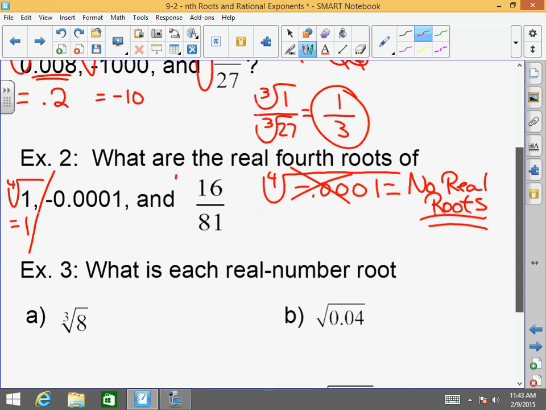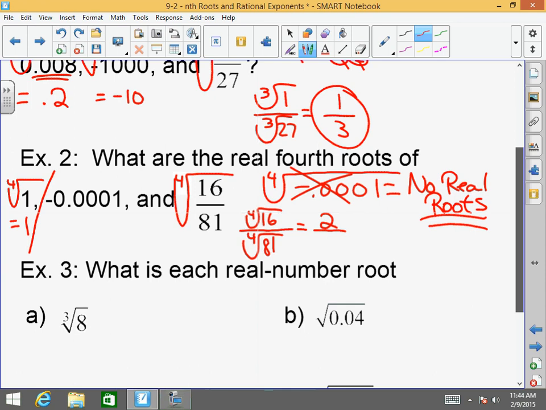As far as the 4th root of 16 over 81, well, I have the 4th root of 16. Remember, I can split these up over the 4th root of 81. The 4th root of 16 is going to be 2, because 2 times 2 is 4, times 2 is 8, times 2 is 16, so that's a 2.